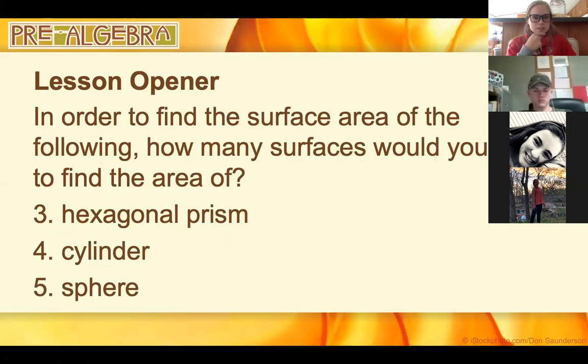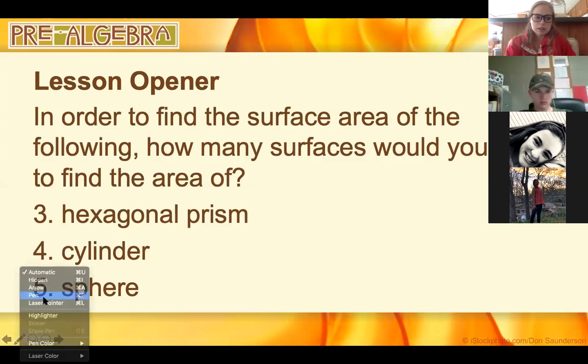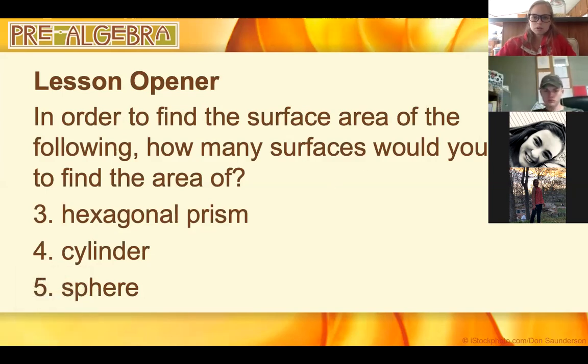How many sides are on a hexagon, Priscilla? 6. So how many sides would there be if you had a hexagonal prism? So that means that there's 1, 2, 3, 4, 5, and 6. You would have a congruent top base as well too.